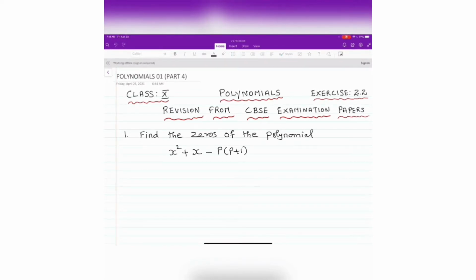You have to find the zeros of the polynomial x square plus x minus p into p plus 1. Let's do it now. Solution.